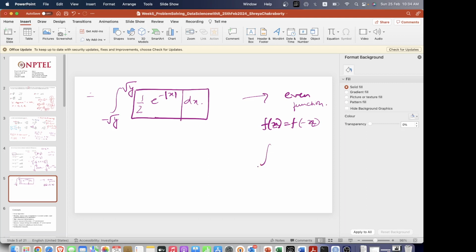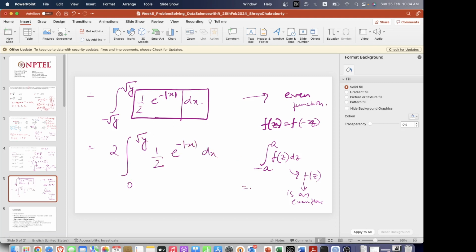So if you have something like the integral from minus a to a of f(z) dz, where f(z) is an even function, then you can write it as 2 into the integral from 0 to a of f(z) dz. This is a property of even functions. So here we can write it as 2 into the integral from 0 to root y of half e to the power minus mod x dx.